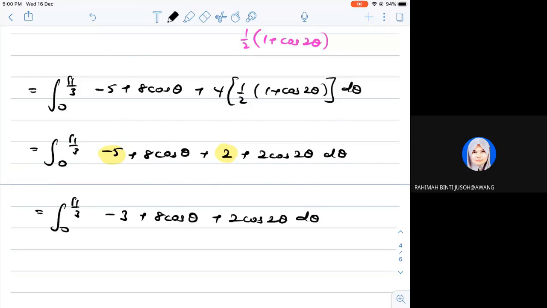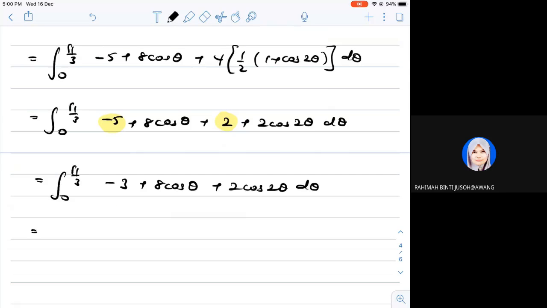Now we can integrate. Integrate negative 3, we will get negative 3 theta. Integrate cos, we will get sine theta. How about this? Cos 2 theta, we get sine 2 theta, where we bring the coefficient to the denominator. So 2 sine 2 theta over 2, like this.